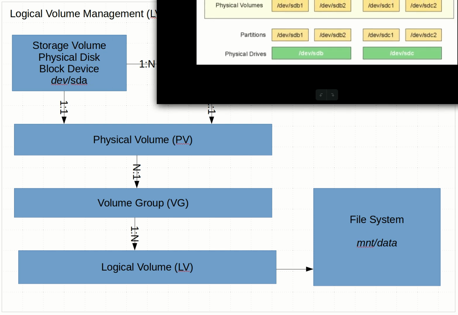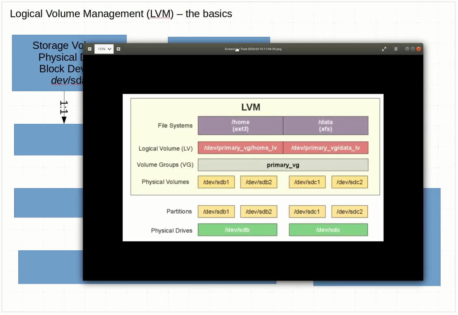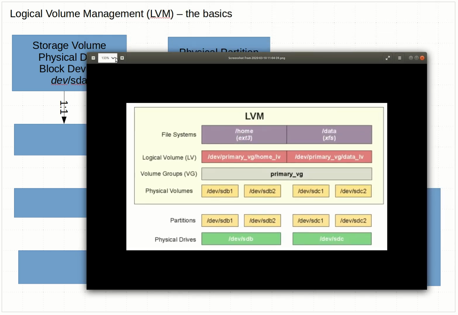So you have four physical volumes in this picture, and they're used to create one big volume group. So four partitions, four physical volumes, two physical drives are used to create one volume group. And this volume group is then used to create two logical volumes, a home volume and a data volume. Then these logical volumes are used to create two file systems, a home file system, which is formatted as ext3, and a data file system, which is formatted as xfs.